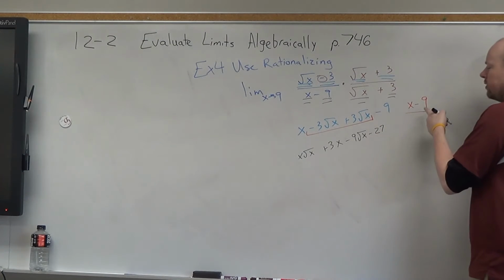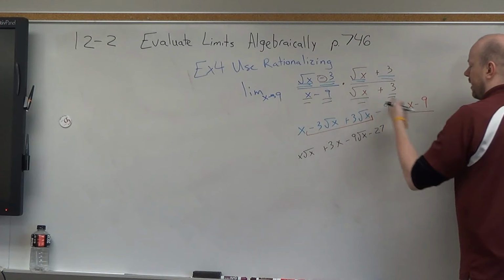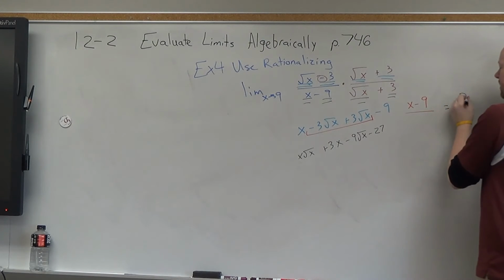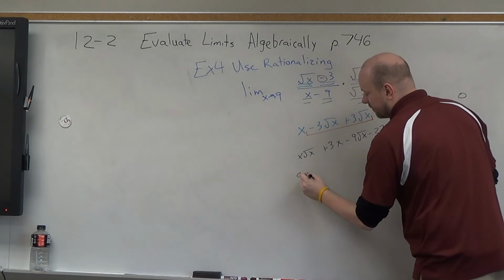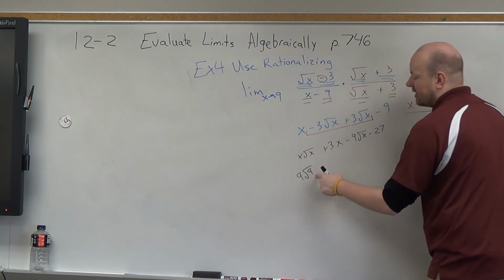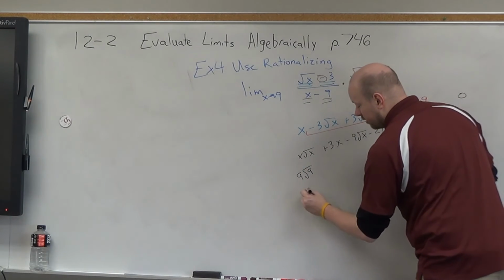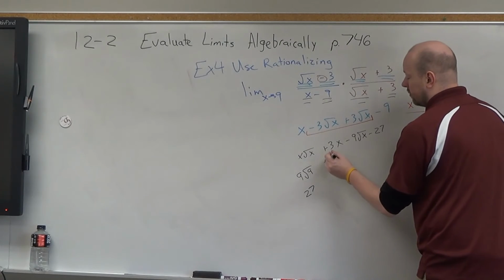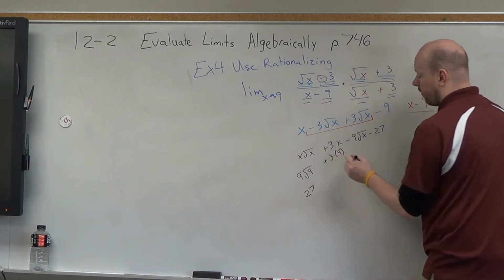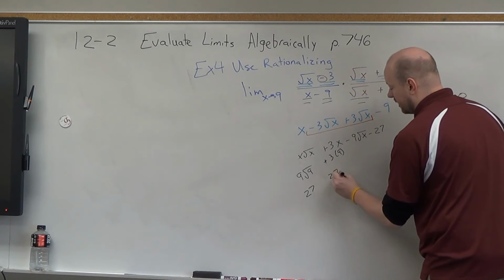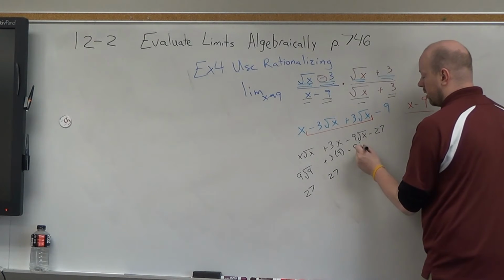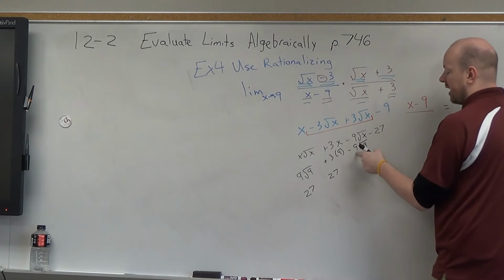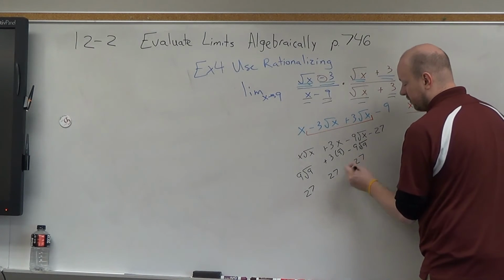Okay. So x is 9, right? So 9 minus 9, so my top is going to be 0. Now if I do my bottom, I get 9 times the square root of 9, so 9 times 3, so 27, plus 3 times 9, which is, again, 27, minus 9 times the square root of 9, which would be 9 times 3, so minus 27.